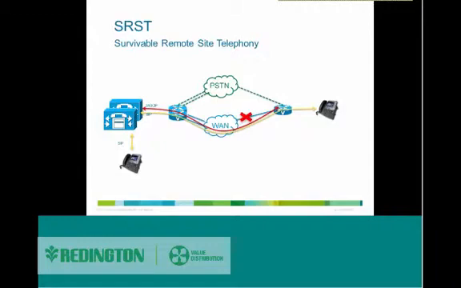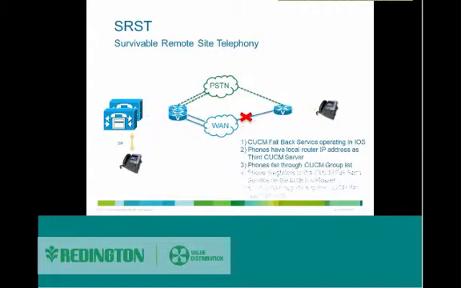When there is a WAN failure, the IP phones in the remote offices will be isolated, and they don't have a TFTP server or Call Manager to register with and retrieve the configuration. In this scenario, on the voice gateways placed at the remote branches, we can enable the SRST features on the voice router, which will act as a Call Manager Express.